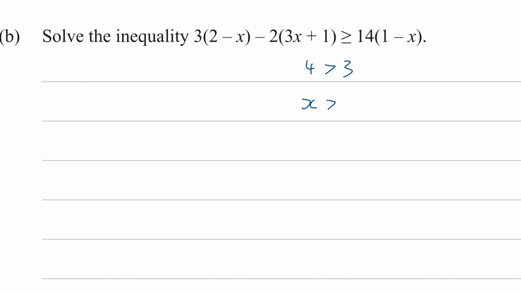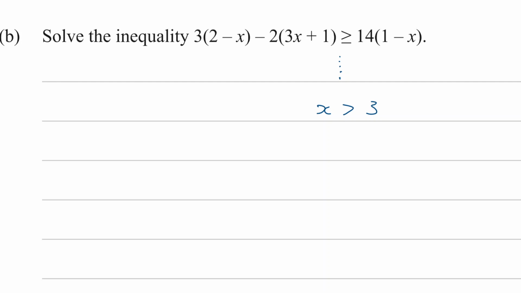If x was greater than 3, what could some values of x be? Well, x could be 4, 5, 6, and so on. So in this problem, a little bit more difficult, right? We have x's on both sides, but what we're trying to do is simplify it down to something like x is greater than 3.